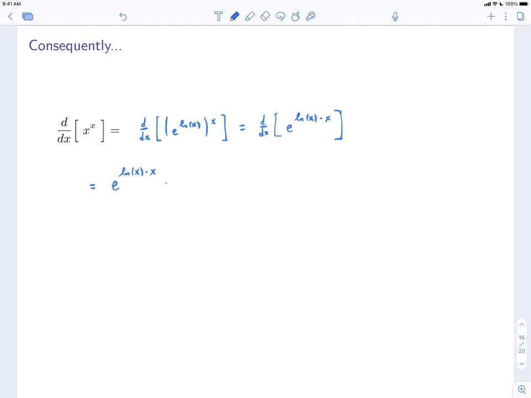And then we multiply that by the derivative with respect to x of whatever was in the exponent, ln of x times x. And now we use the product rule. Well, first, let's just write this e to the ln of x. Let's just remind ourselves that this, in fact, was x to the x. So now we have x to the x times the derivative with respect to x of this product, ln of x times x. And we just want to use the product rule here.